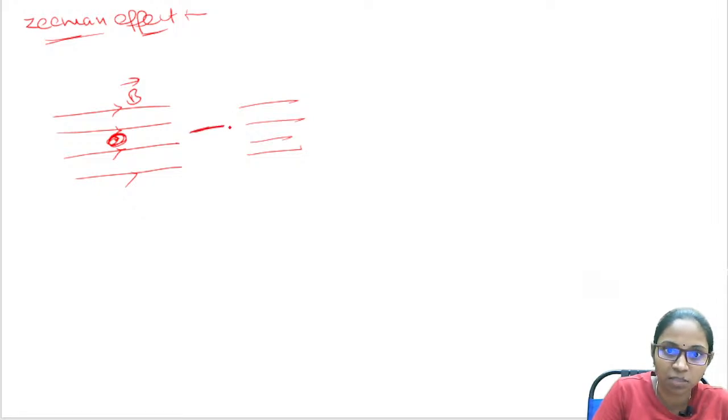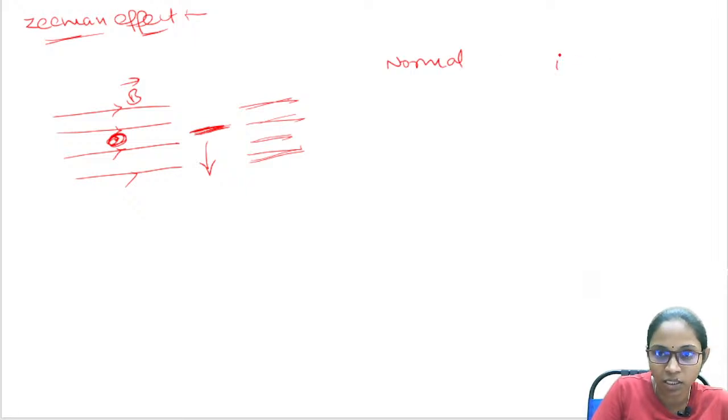If this is a single spectral line, according to Bohr, whenever you place this atom in the magnetic field, this single spectral line will be split into several polarized components, right? And the Zeeman effect is of two types: normal Zeeman effect and anomalous Zeeman effect.